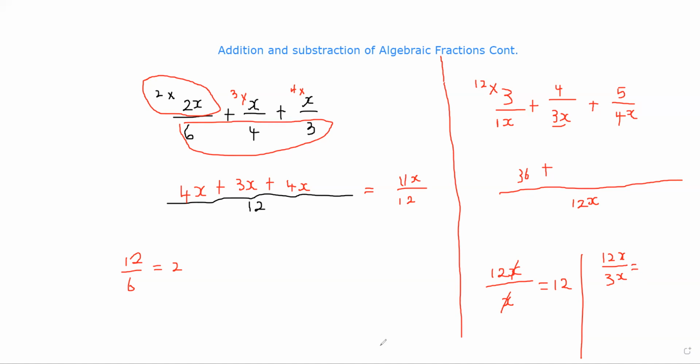You divide the numbers, then the x's cancel out. So basically 12 divided by 3 is how much? 4. Remember, you've got to know how to divide. So we use the 4 and multiply it with the numerator. So 4 times 4 is 16.